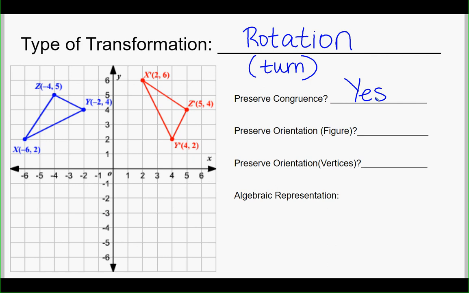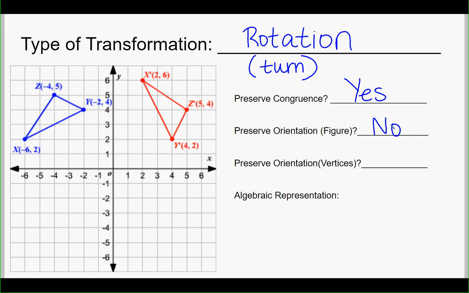Anytime you turn something, it's no longer facing the same direction it was. Just like for me, I'm facing this wall. I rotate 90 degrees, I'm no longer facing that wall. So my orientation has changed. So it does not preserve orientation in terms of the shape, the figure itself.